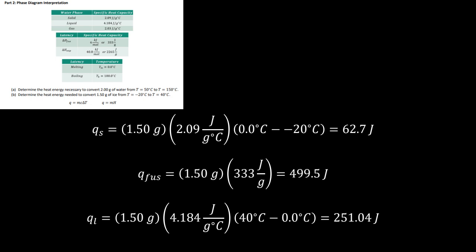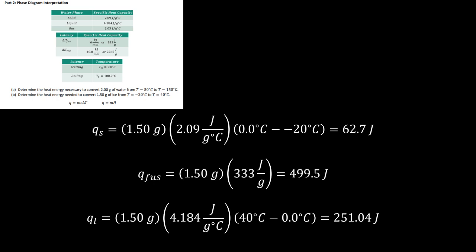We're starting now at 0 degrees Celsius. That's where our liquid phase begins. And we're trying to get to a final temperature of 40 degrees. We'll still be liquid by that point. So 40 minus 0, multiplying the rest of our equation, we'll get 251.04 joules.